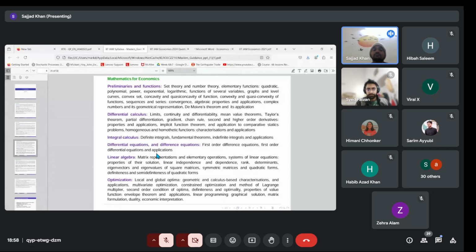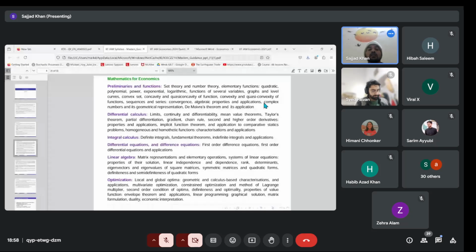So if we talk about economic mathematics, where should we focus to optimize our score? Every year one question, like convex set, concavity, or quasi-concavity function, is a little bit tricky to get in the first attempt.